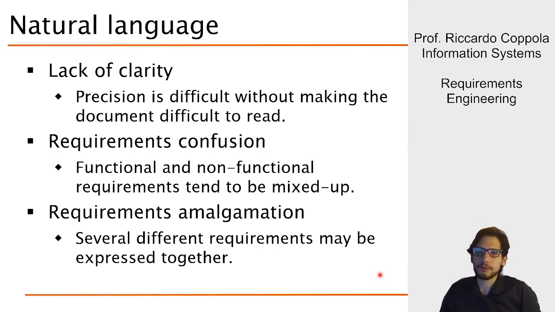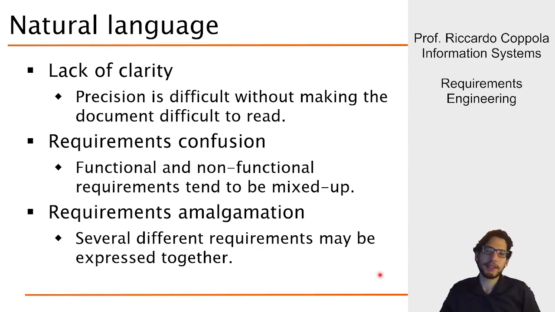So with natural language, I can have the so-called requirements confusion. If I use sentences that are not structured well, I can mix in the same requirement functional and non-functional aspects, with the result of making a mess where I have features, inputs, outputs, and numeric constraints in the same requirement.